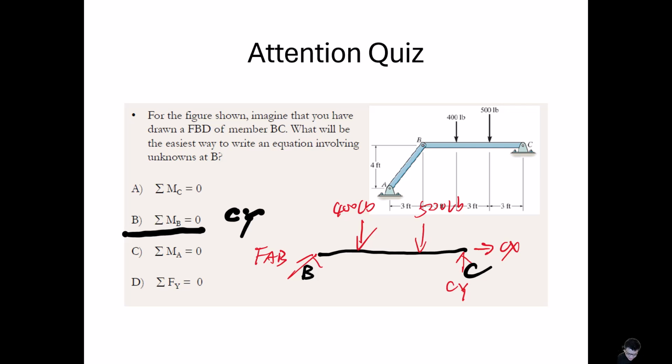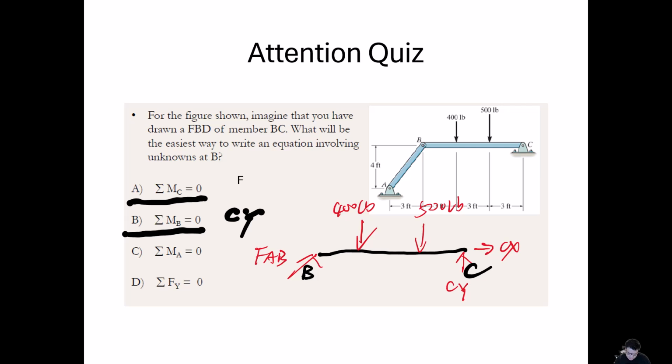But if we use the sum of moment at point C equals 0, we can solve FAB very quickly. Sum of Fy equals 0, we can solve nothing because we have CY and FAB, two unknowns. We cannot solve anything by using this equation.